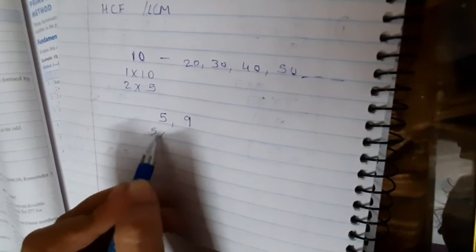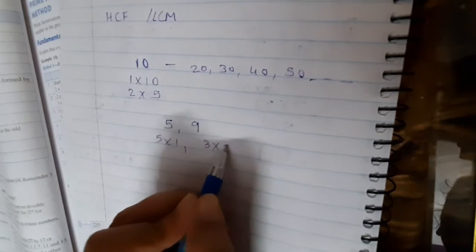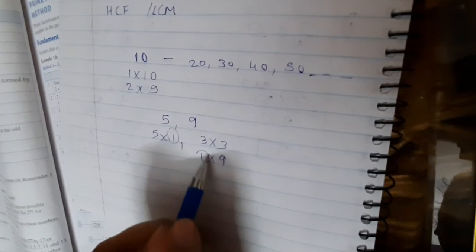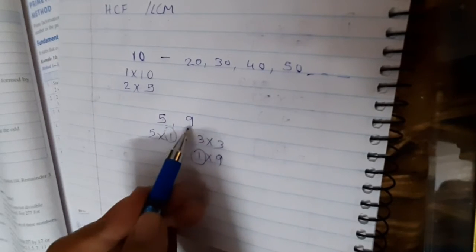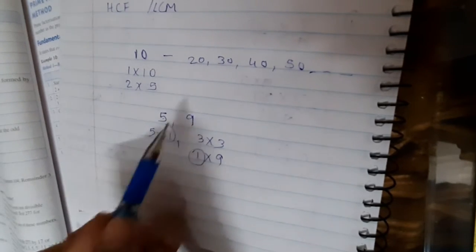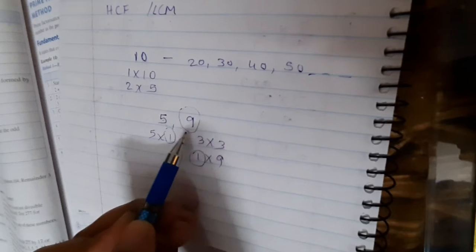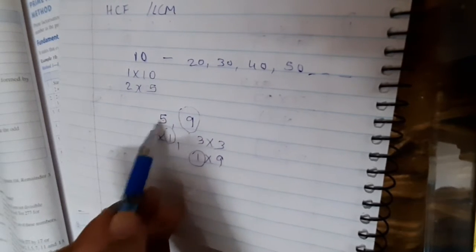Here they do not have any common factor other than 1. 5 has factors 5 and 1, and 9 has factors 3, 9 and 1. So only 1 is common here. There are no other common factors other than 1, so these two numbers are called co-prime numbers. 9 is a composite number, right? But with 5 it is a co-prime number.